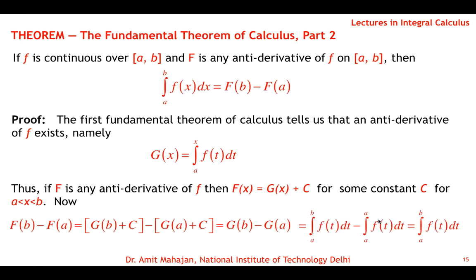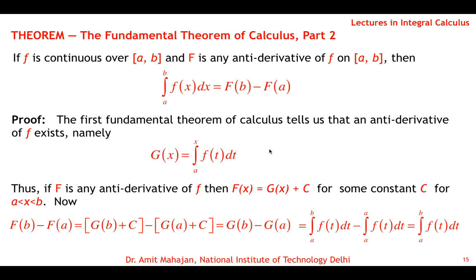Because the integral over a point, from a to a, is 0, this second integral is exactly 0, and we are left with the integral from a to b of f(t) dt. So this proves our second fundamental theorem: the integral of the function f from a to b can be calculated as the value of the function's antiderivative at the upper endpoint minus its value at the lower endpoint.